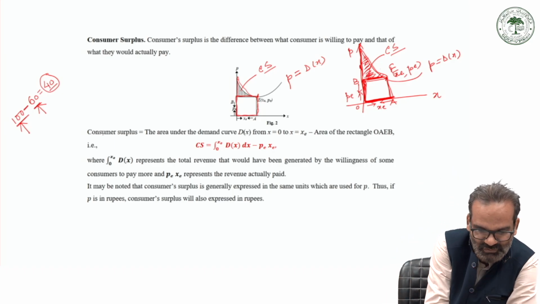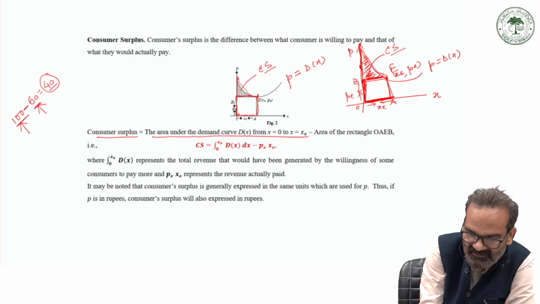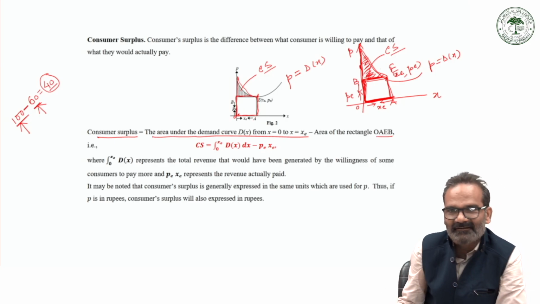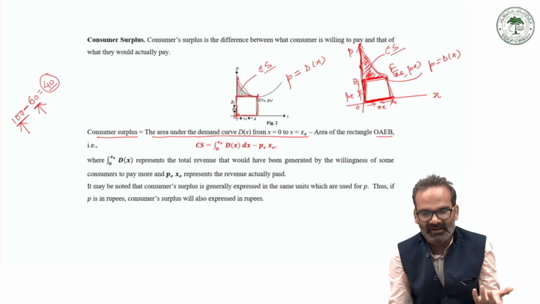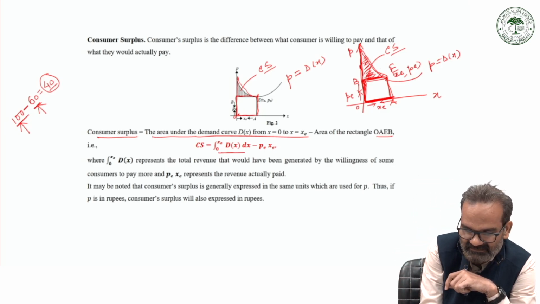So see, the consumer surplus is equal to the area under the demand curve from 0 to XE. This is your 0, this is XE, and this is the demand curve. Minus the area of the rectangle OAEB, right? And we know from the formula, area under the curve is given by the integral from 0 to XE of D(x) dx.